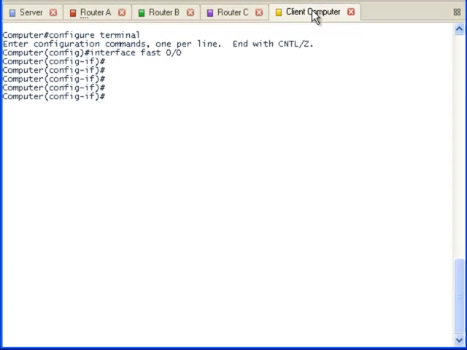Let's configure the client computer to receive multicast traffic from 234.234.234.234 using the IGMP join group command.